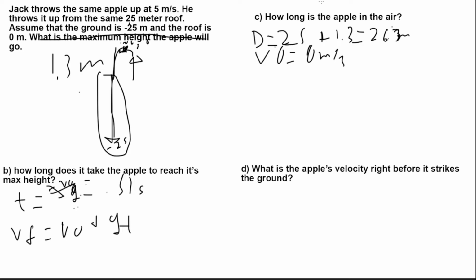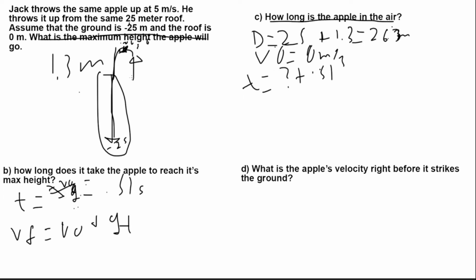Now there's one more step that we're going to have to do. Our time is going to be whatever this is, so we actually don't know what that is, plus 0.51. Now let me explain. We want to find the total time in the air. How long is the apple in the air? That is going to be the total time.